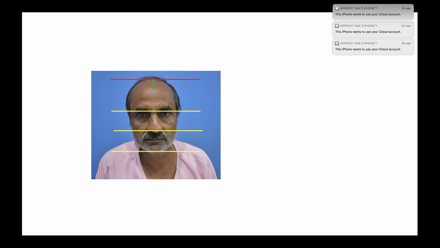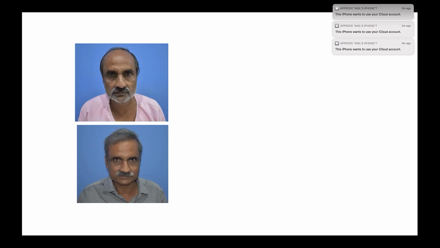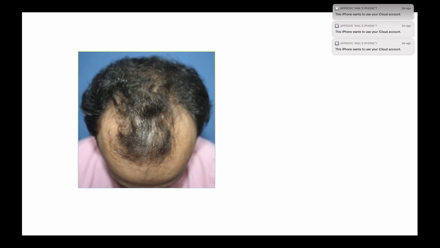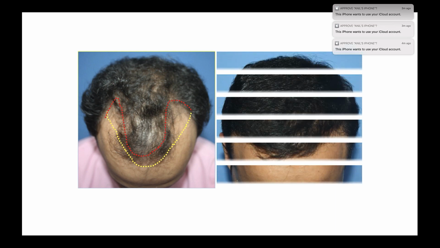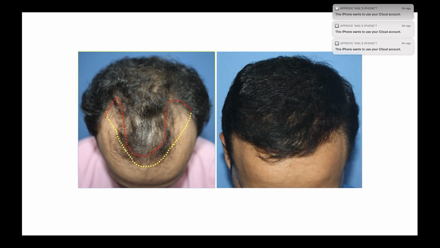So there is a need to put it back to maintain the same proportion, and that is the role of hair transplant surgery, and that's why it is done in the patient. This is the receding hairline I've shown you before, and after transplant he looks quite good.